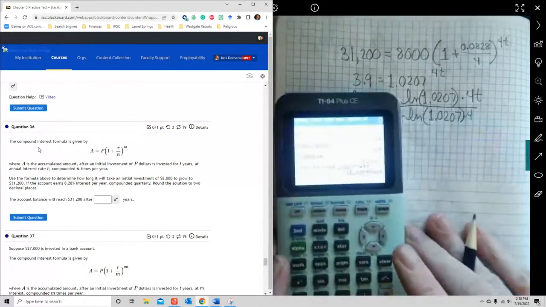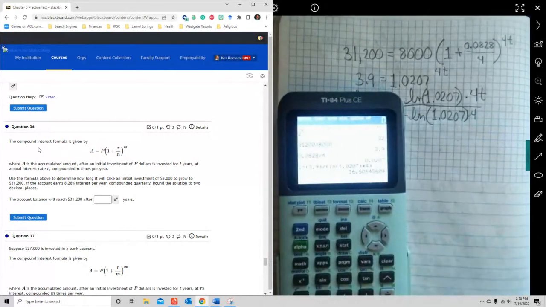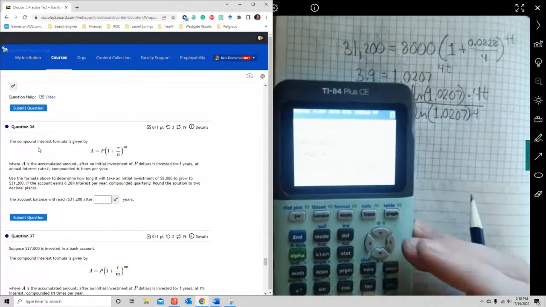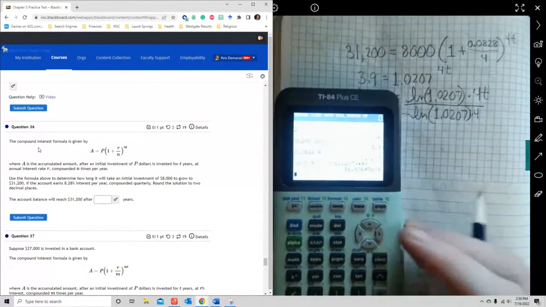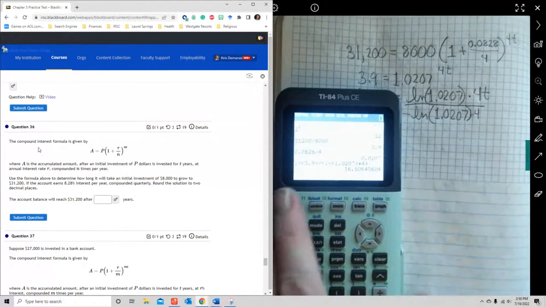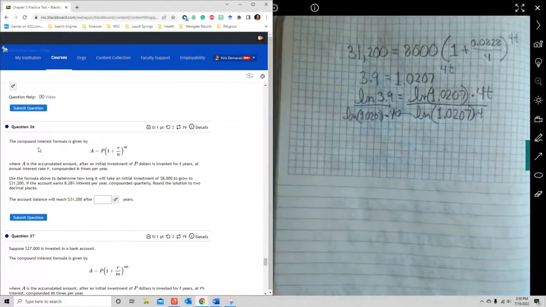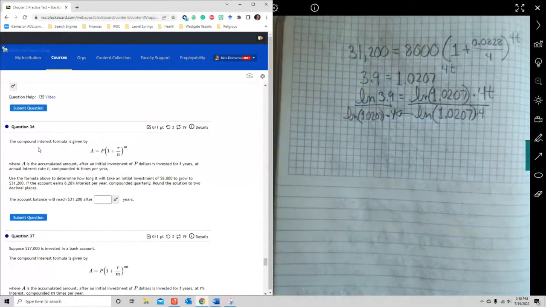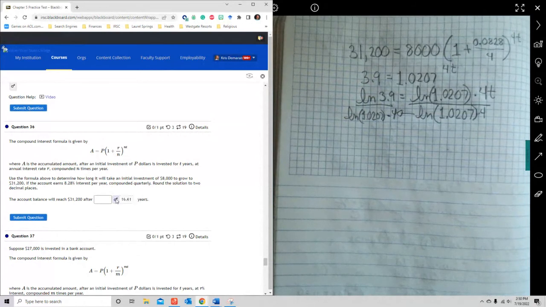And then we get this. I know it's really hard for you to see it, but I'm not zooming out, I'm sorry. Punch in your own calculator. It's going to give you 16.606. Now round to 2 decimal places, so it's going to be 16.61 years.